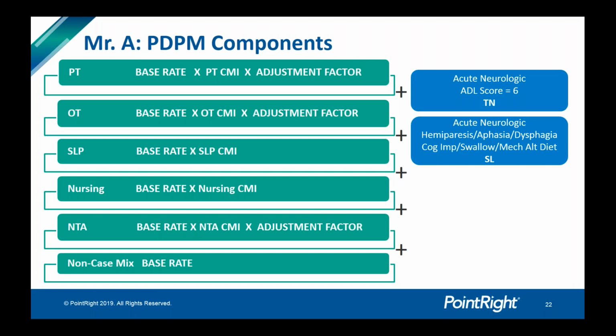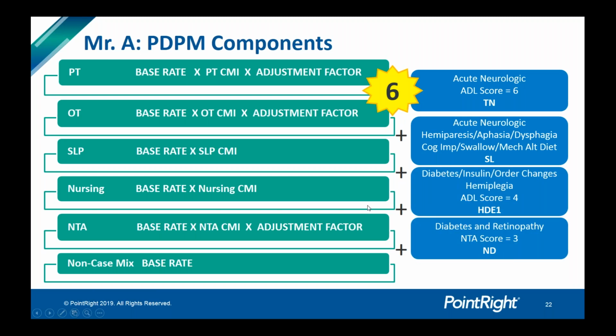And his ADL score is 6. So his PT, OT component is a TN, and his acute neuro speech category is an SL because he's got several comorbidities. Now that ADL score of 6 plays in to establish where he sits in the PT/OT calculation.